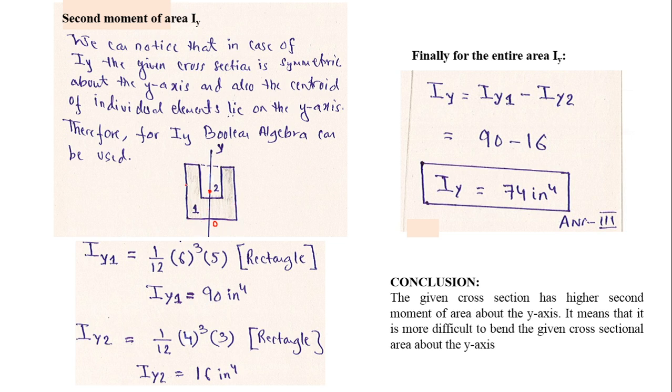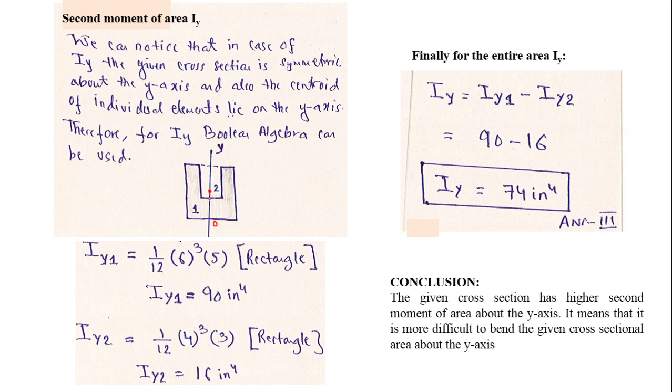So I have taken this larger rectangle as shape 1, whose centroid is lying on the vertical axis here, and then I have defined the second shape to be this smaller rectangle. Instead of defining this as 2 and this as 3, I have defined this smaller rectangle as my shape 2.